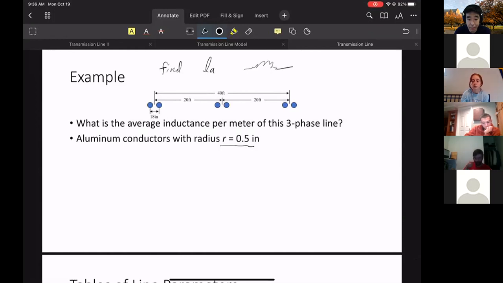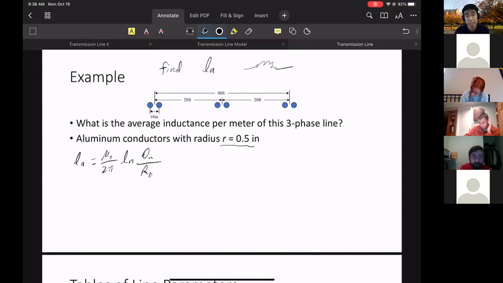As a reminder, there are two things with this line. One is we have three phases in the line, and two that we're bundling. We're bundling the conductors. Our equation was that the inductance in one phase is mu naught over 2 pi, which is a constant, times the natural log of Dm over Rb.